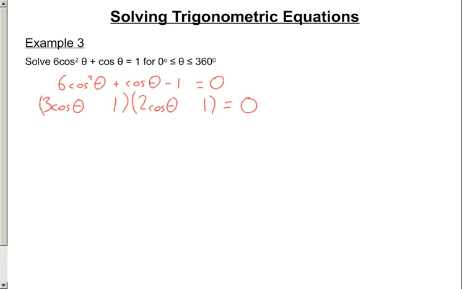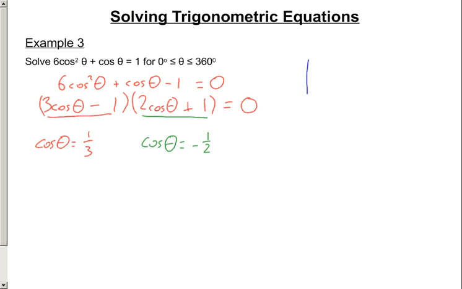Well, we need plus 3, so this one needs to be plus, minus the 2, so that one needs to be minus. And what this tells us is, again, either the first bracket or the second bracket is equal to 0. So we have either cos theta is equal to a third, or we have cos theta is equal to minus a half.